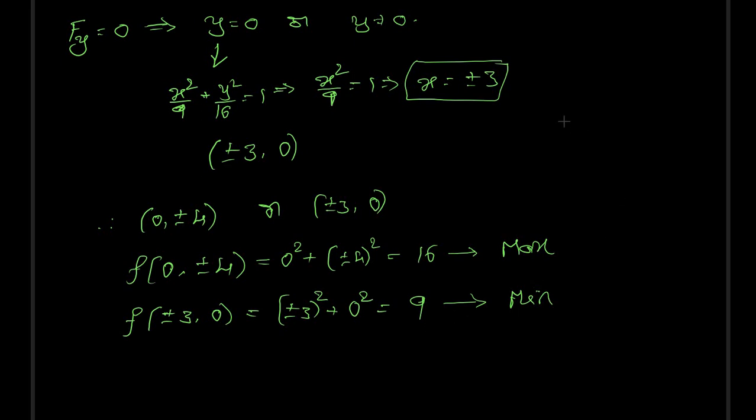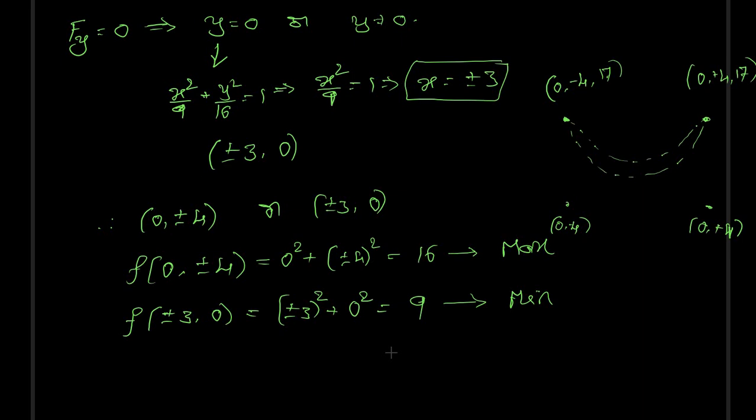Now in the Aravanki, that is of this shape, the corresponding points in the domain are 0 comma minus 4 and 0 comma plus 4. The point is 0, minus 4, 16, and this point is 0, plus 4, 16.